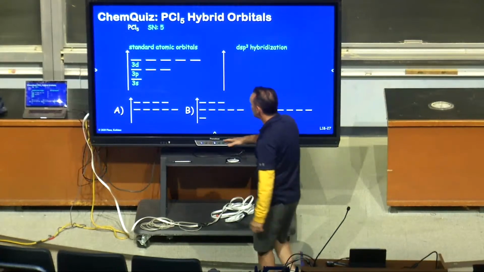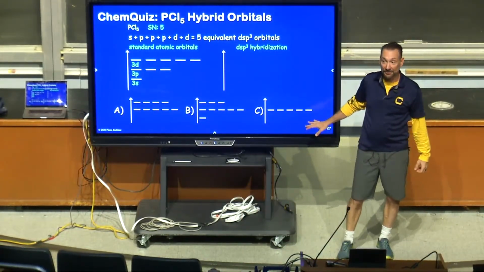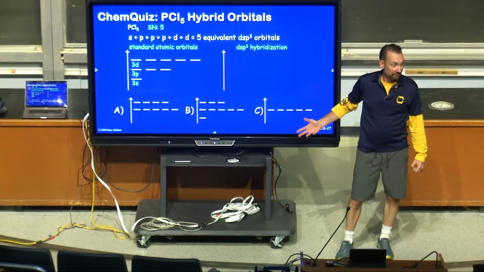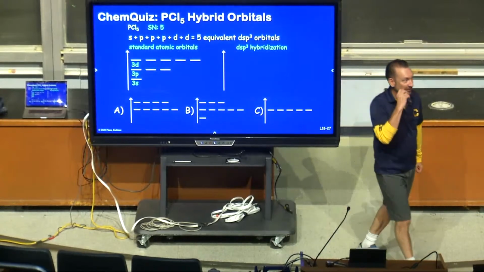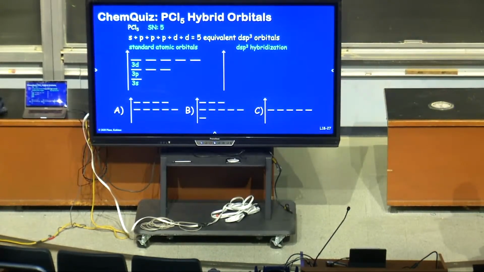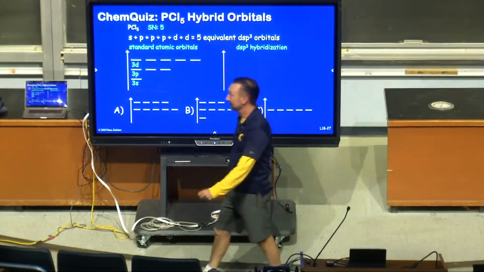So after it's hybridized, there should be 5 equivalent orbitals somewhere. Unfortunately, A, B, and C all have 5 equivalent orbitals somewhere, so that doesn't distinguish it for you. So you have to look at the leftovers.